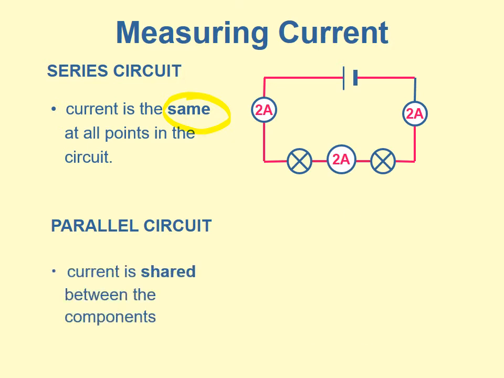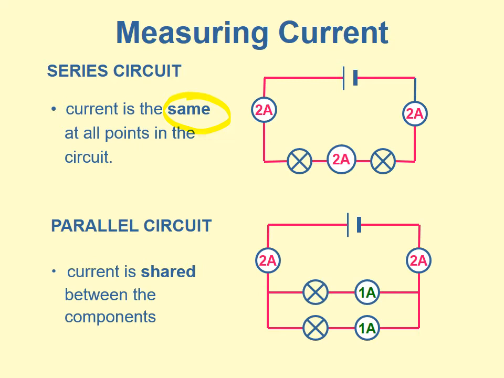If we compare this to a parallel circuit, because there's more than one path, the current splits up. So as I said before, some of the current will go this way and the rest will go this way. So what we find is the current is shared between the components in a parallel circuit.